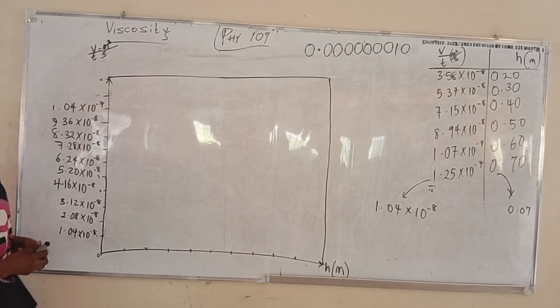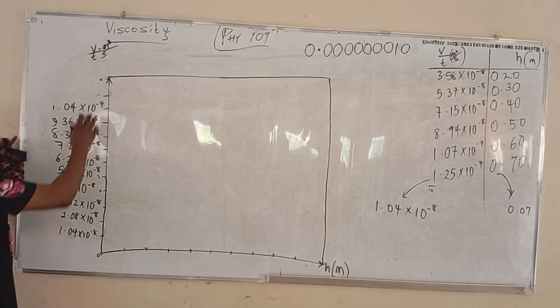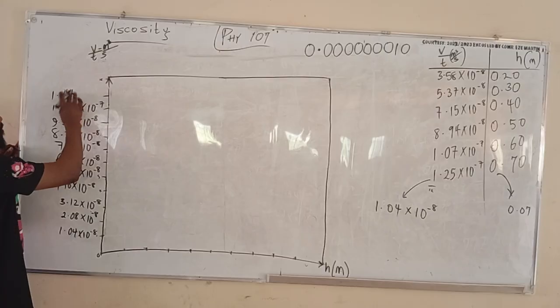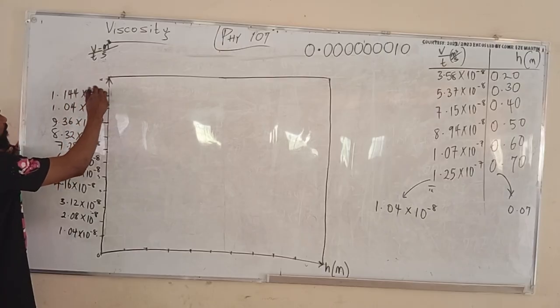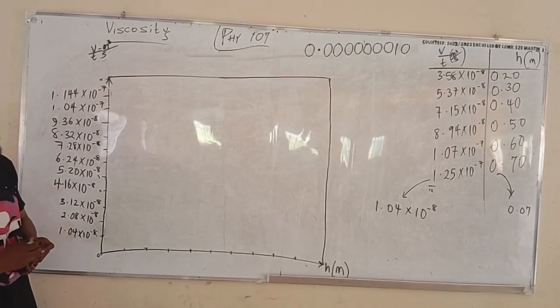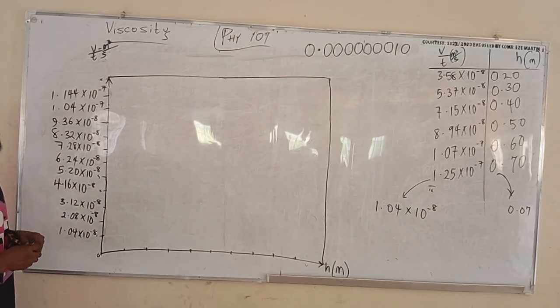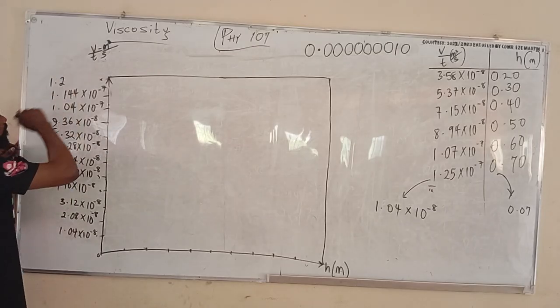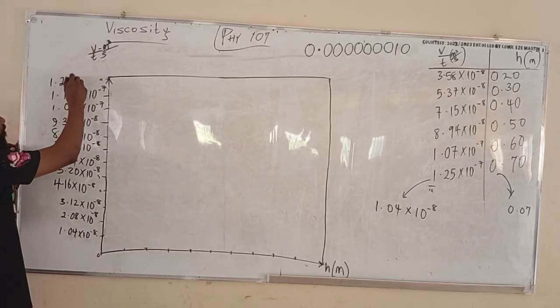Yes, times 11. 1.44, sorry, 1.44. Okay, do for me times the 12. 1.248 times 10 to the power minus. That is 1.25 now. Yeah, that's it.